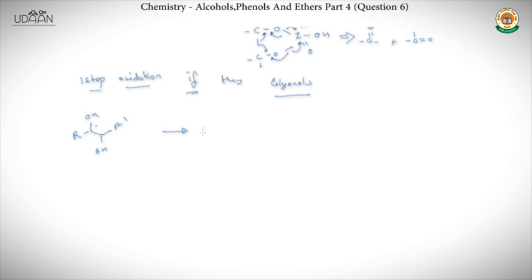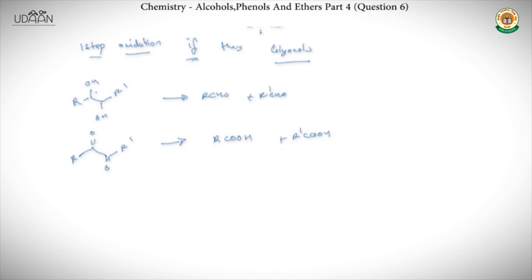It gives RCHO plus R'CHO. It even oxidizes aldehyde and keto groups in the same way, and as we know it's a one-step oxidation, so it will oxidize them to form carboxylic acids. So it is a strong oxidizing agent. I will not say it a very strong oxidizing agent. One-step oxidizing agent.